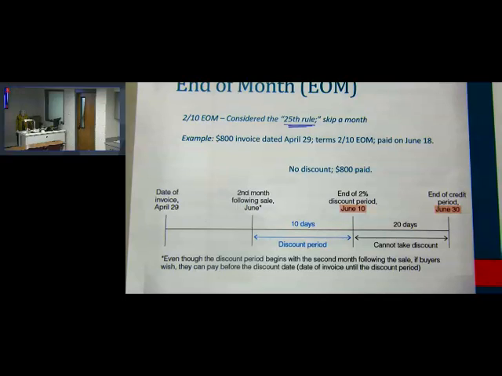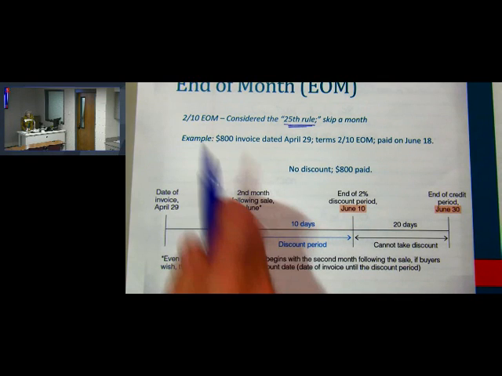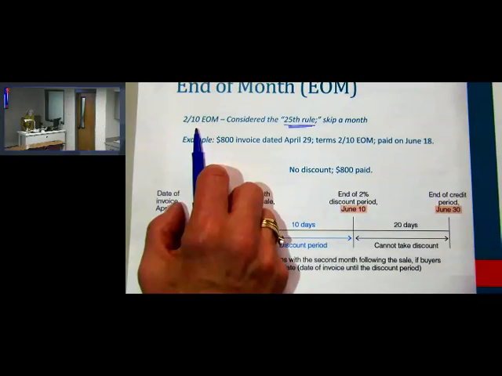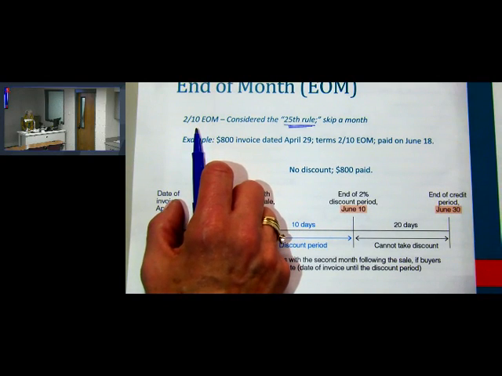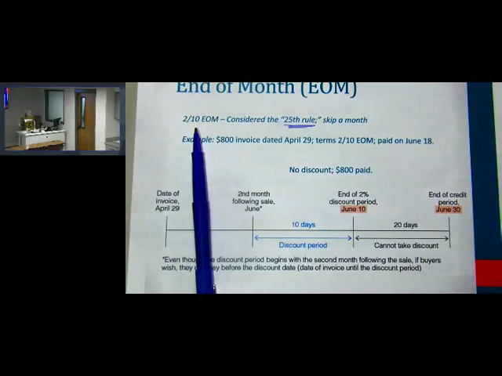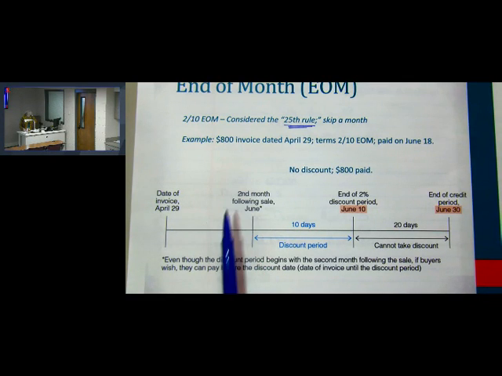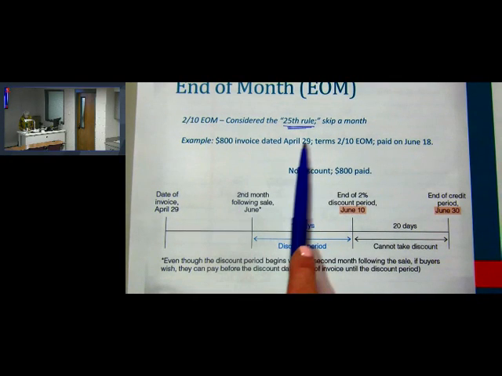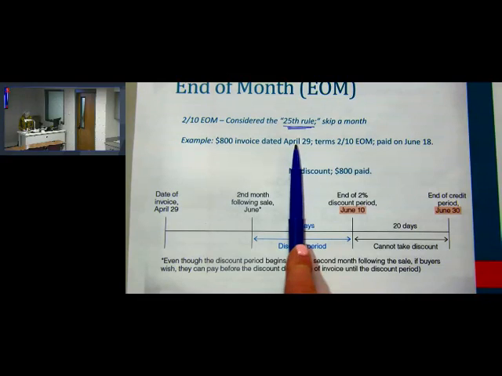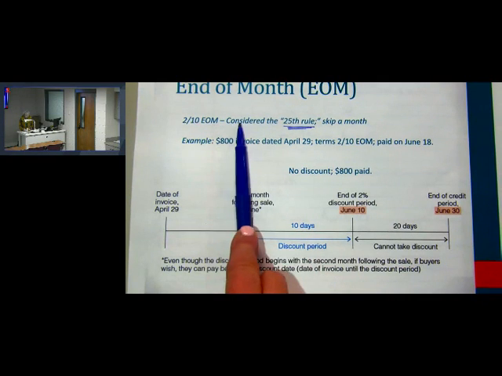If it's a 210 EOM, your discount period is going to be probably on the 10th, and the credit period will end like on the 30th day. But the question is, which month? If the invoice comes out after the 25th, for example, on this one here, we have an invoice of $800. It's dated April 29th, and it's a 210 EOM.